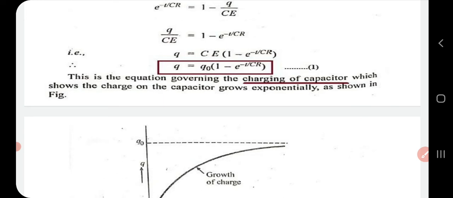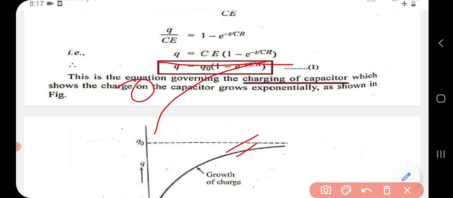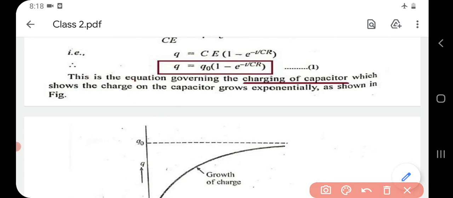In place of t you are putting CR, so equation 1 becomes Q is equal to Q0 into 1 minus e raised to minus CR by CR, so e raised to minus 1, that is 1 by e. So the equation reduces to Q equal to Q0 into 1 minus 1 by e.